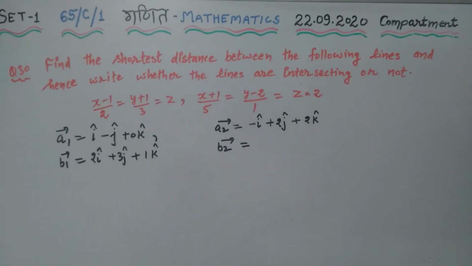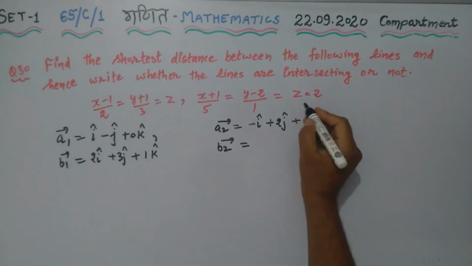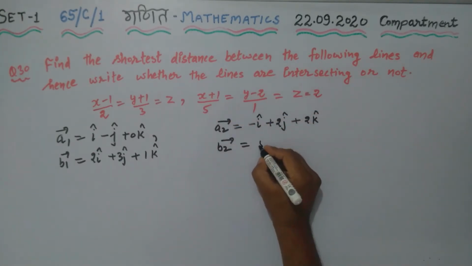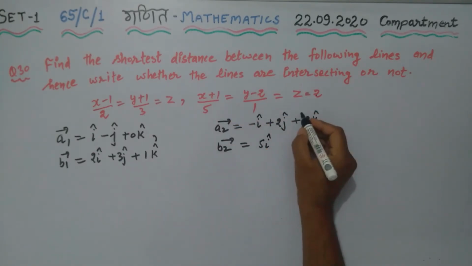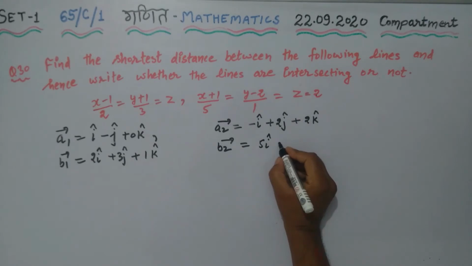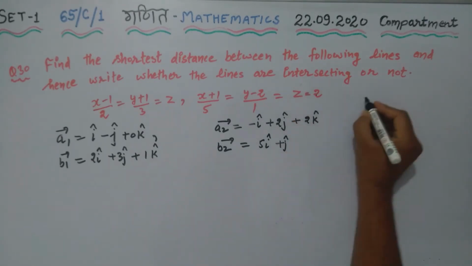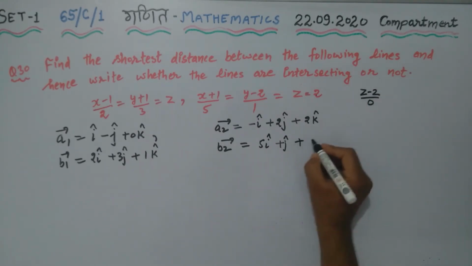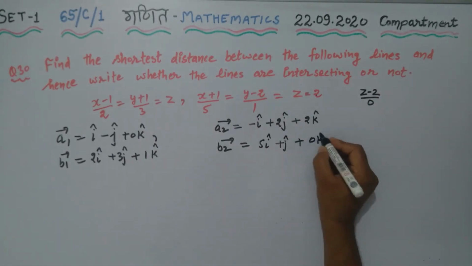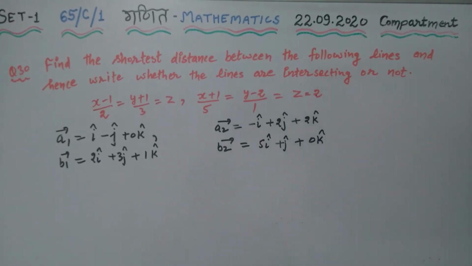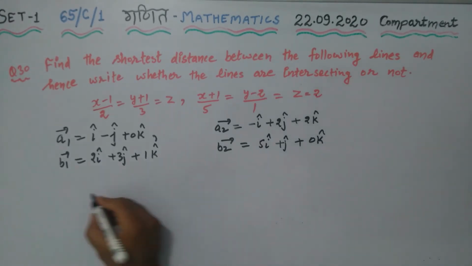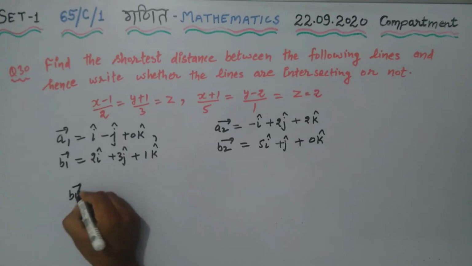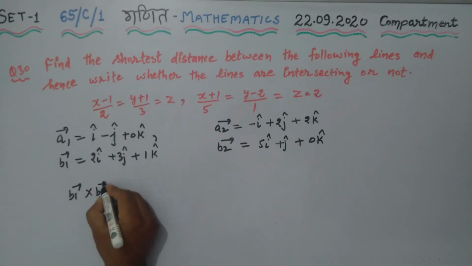This is equal to 5i plus j plus 0k. So first of all we find b1 cross b2.